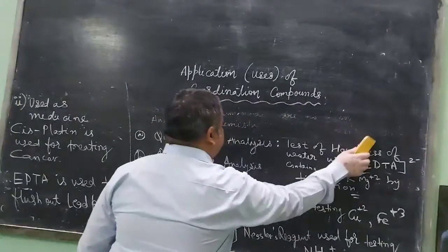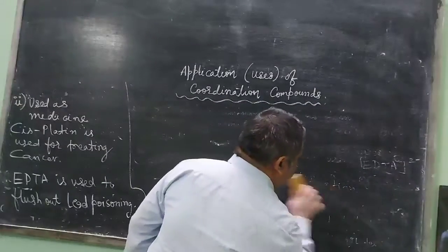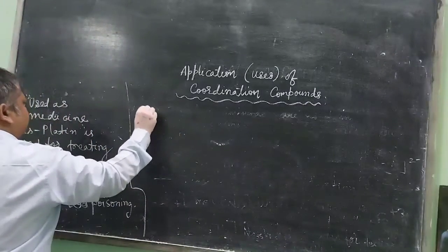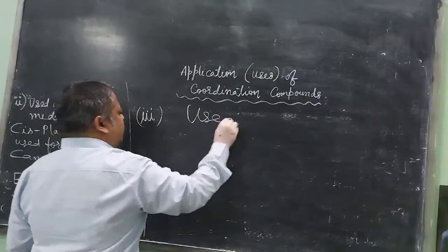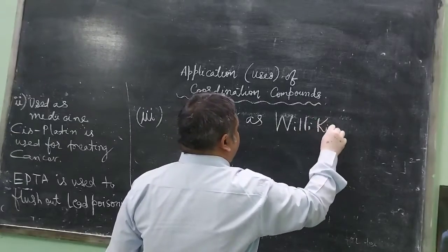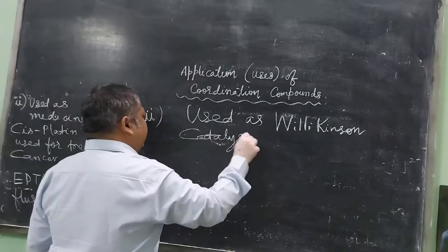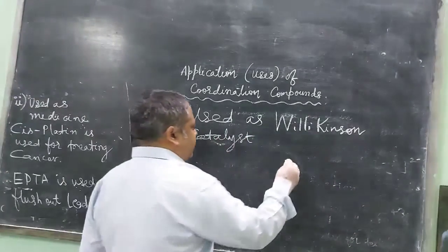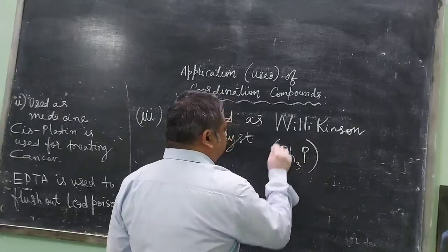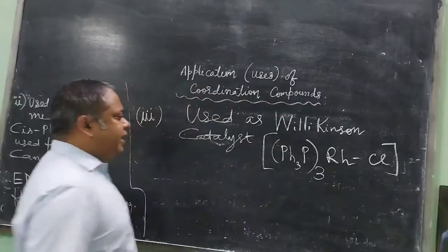What are the other uses? It can be used as catalyst also. Used as Wilkinson catalyst. What is the formula? Tris(triphenylphosphine)rhodium chloride. It is Wilkinson catalyst.